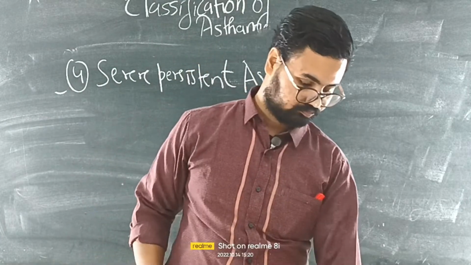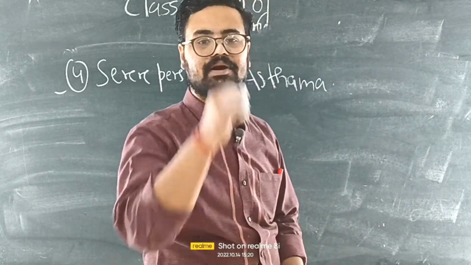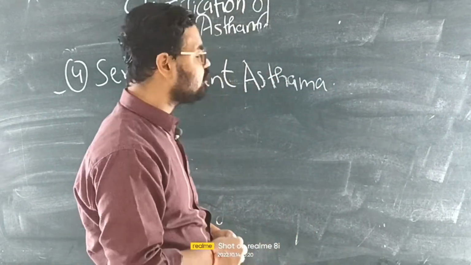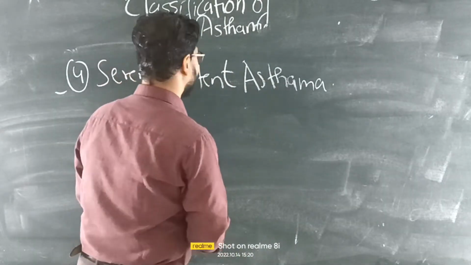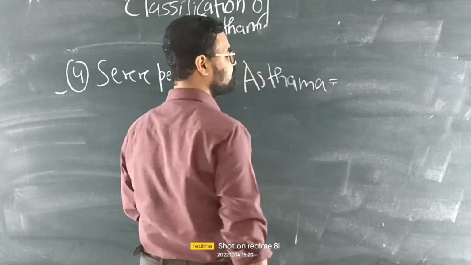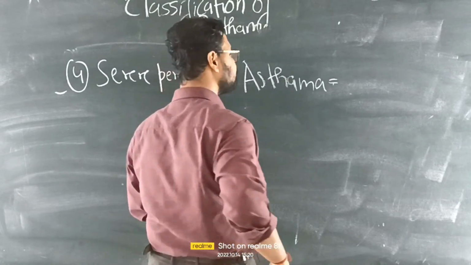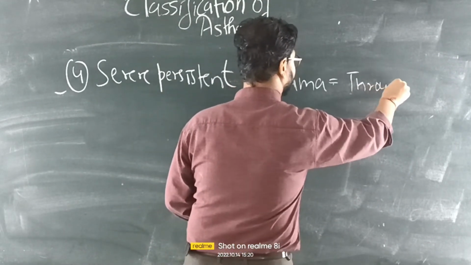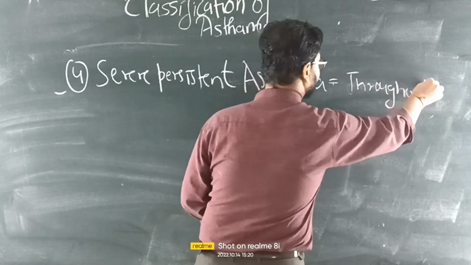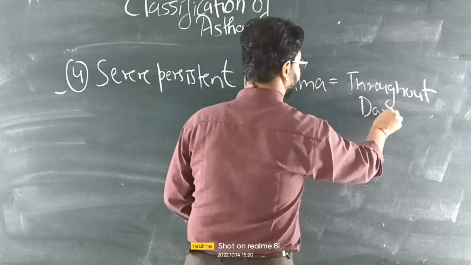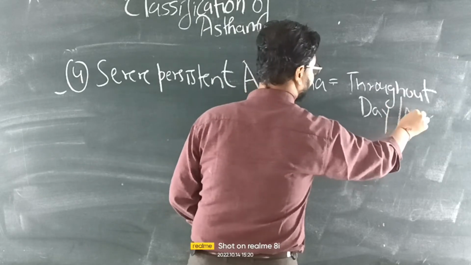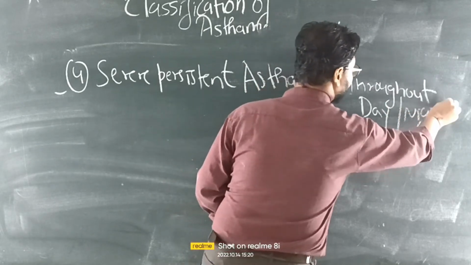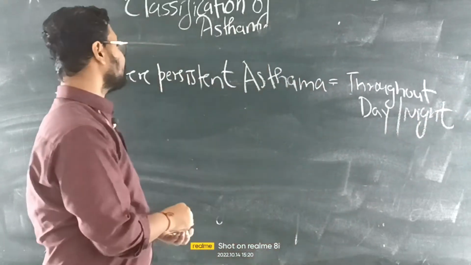So what will be the treatment of choice in severe persistent asthma? And the classification of severe persistent asthma is symptoms throughout the day and night. This is the classification. So what will be the treatment of choice?